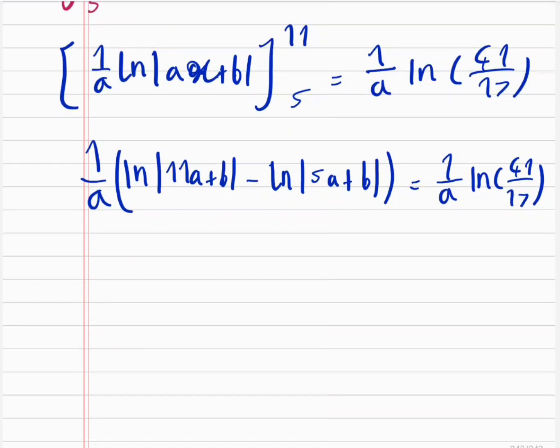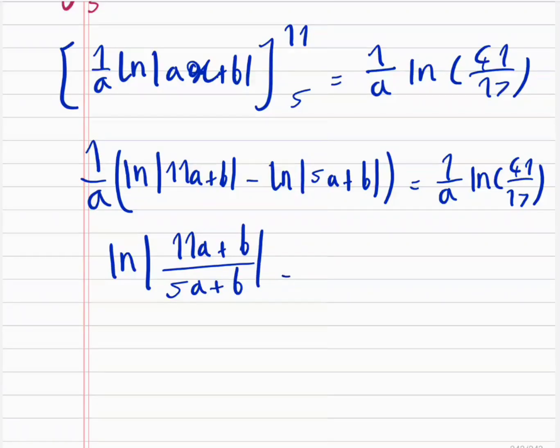We can cancel out the 1 over a on both sides, and rewrite the inside of the brackets as ln of (11a + b) over (5a + b), equal to ln(41/17).